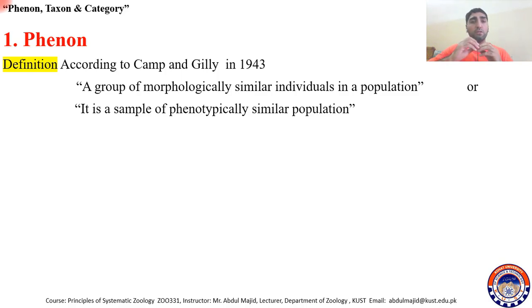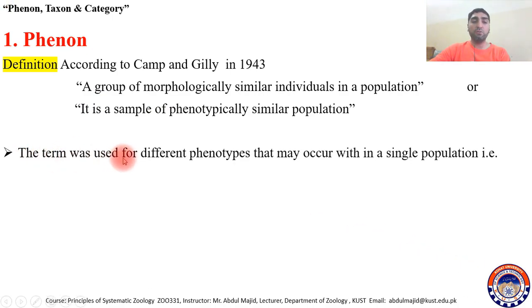So it doesn't matter what the genotype is. Phenon is only related to the morphological, the physical appearance, or the second definition, a sample of phenotypically similar population, which is physically similar, very simple.